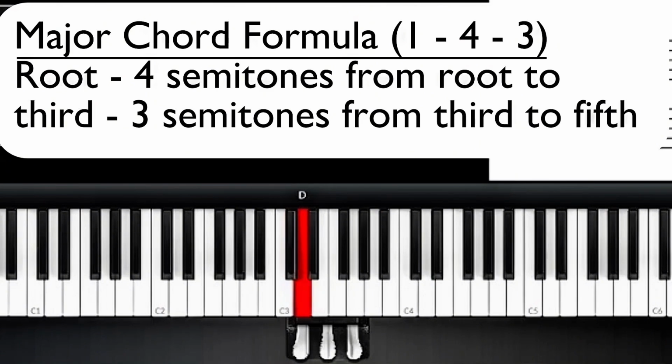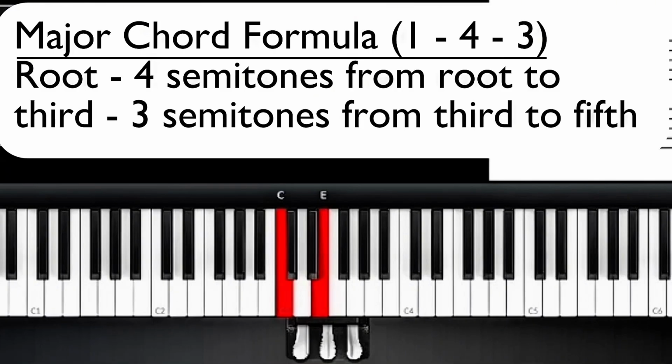The next will be this. 3. Then the next. 4. So this becomes our 3rd. So we have our root and our 3rd. Now we have the 5th left to find.